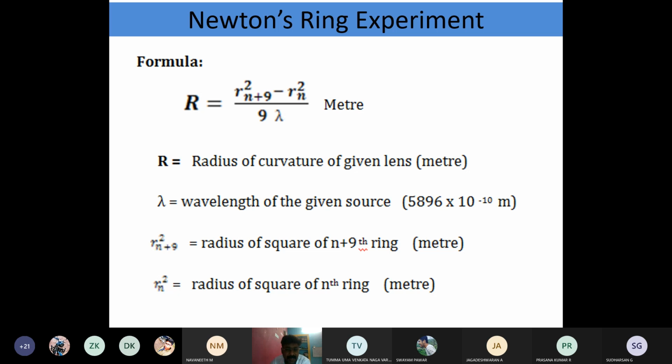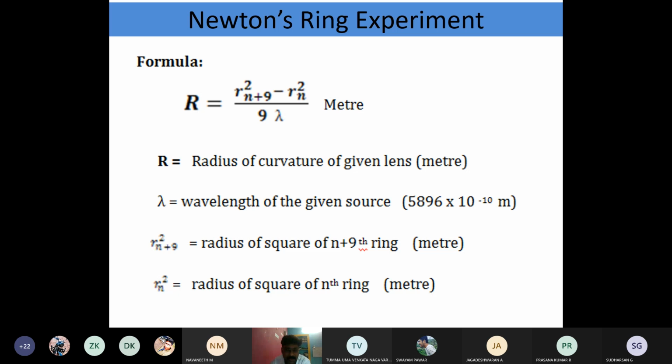If I am writing n plus 3, then here we have to write 3 lambda. If I consider n plus 5, I have to consider 5 lambda. So based on the order, based on the difference, we are using the term n plus 9 or something. Lambda is the wavelength of the given source.